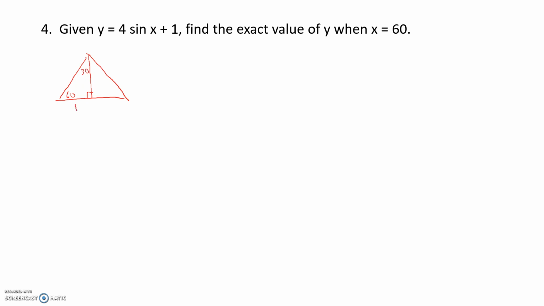Each of the sides of the equilateral triangle I'd make 2, because we've halved this one here, that must be 1. And then I can use Pythagoras to tell me that this vertical height in the middle is root 3. So I'm doing 2 squared is 4, subtracting 1 squared, which is 1, I get the square root of that, root 3. So that's the little triangle that I need.